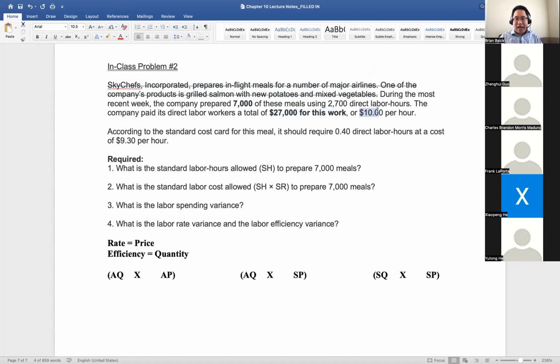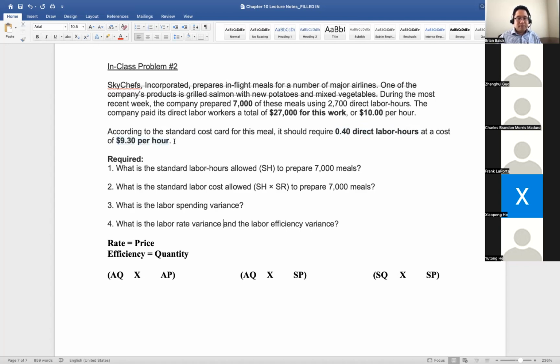I think that's what actually happened. That's what really went down, right? But according to the standard cost card for this meal, each meal should require 0.4 direct labor hours, and the cost should be, because standard, $9.30 per hour.